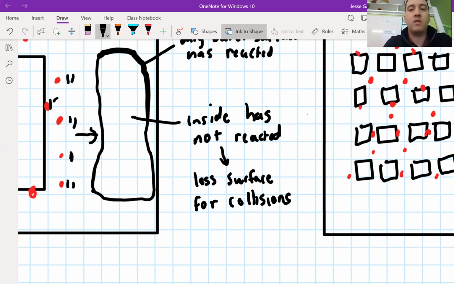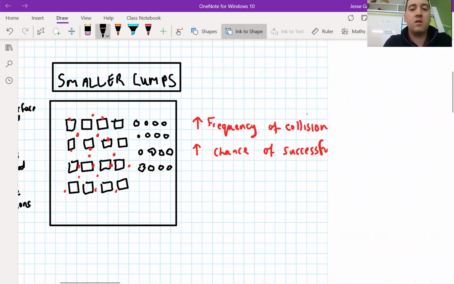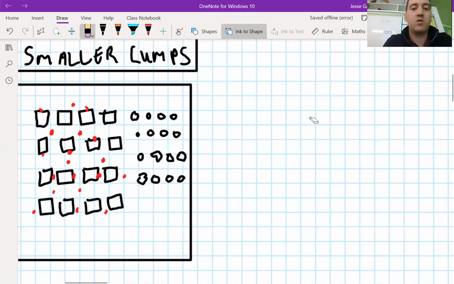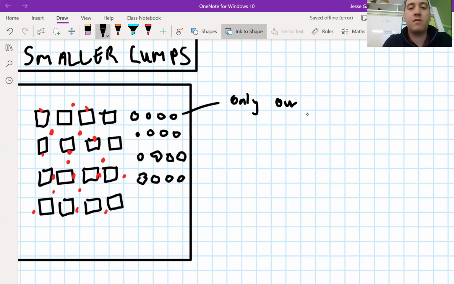Over here, it is also true that only the outer surface has reacted. It is also true.